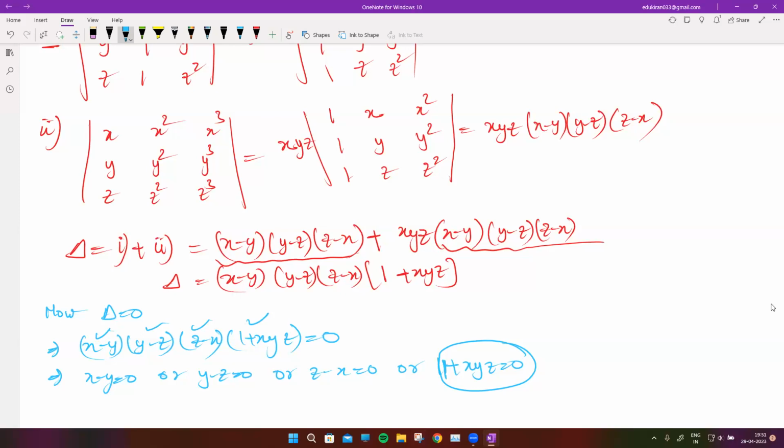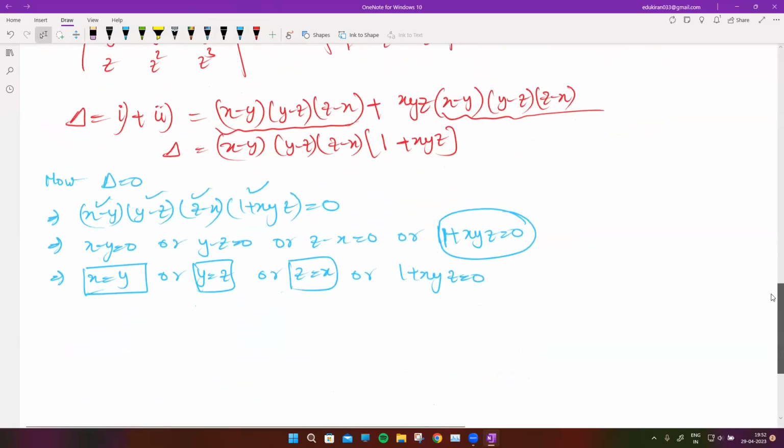So how can we show that? Now, this says if x minus y is equal to 0, it means x is equal to y, or y is equal to z, or z is equal to x, or the last one. There are 4 options. One must be true in order for this delta to be 0.